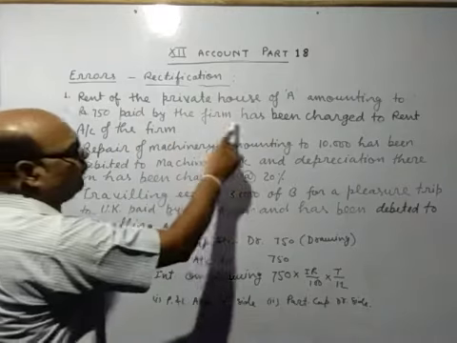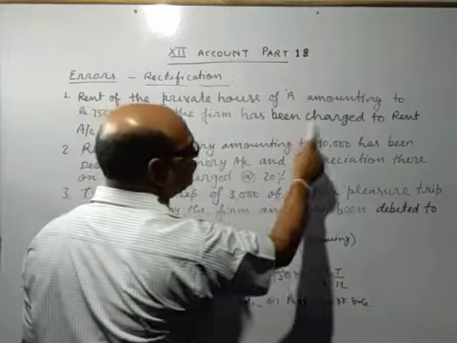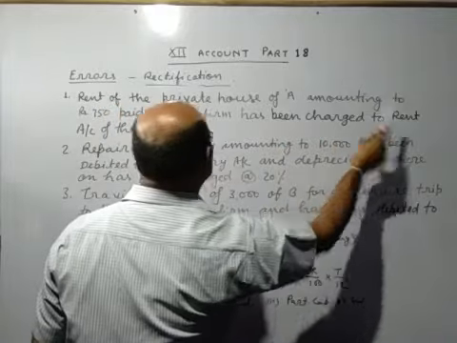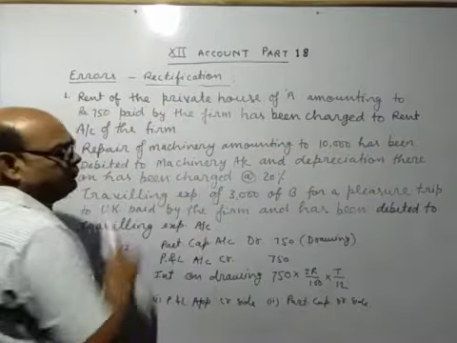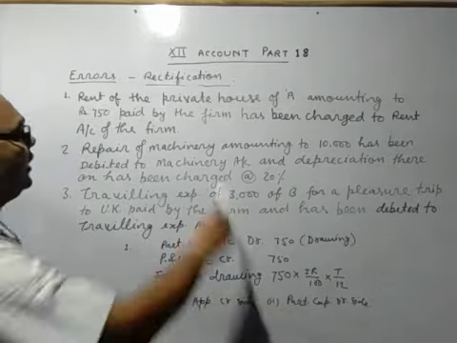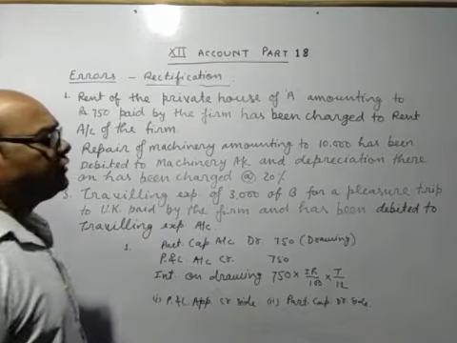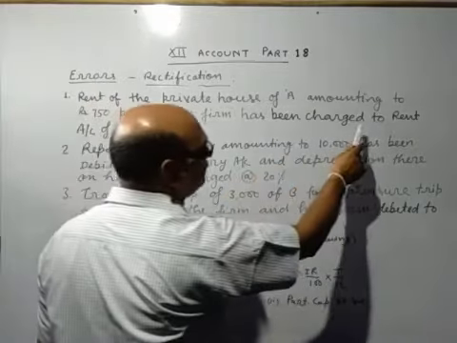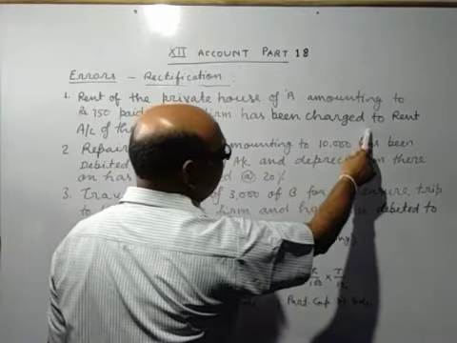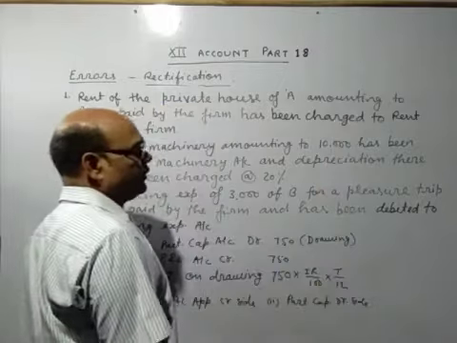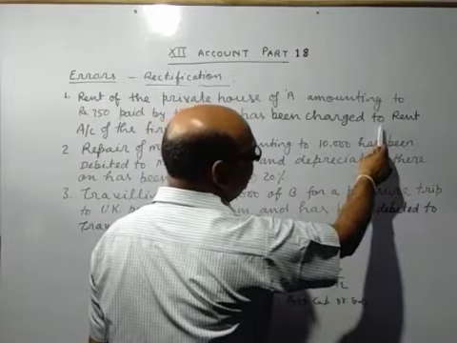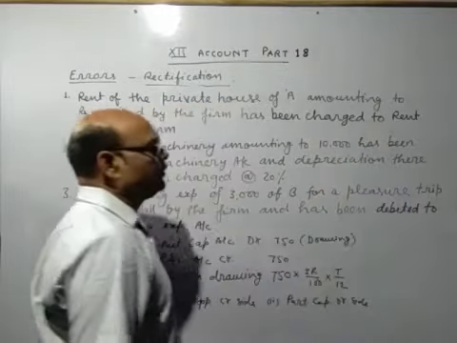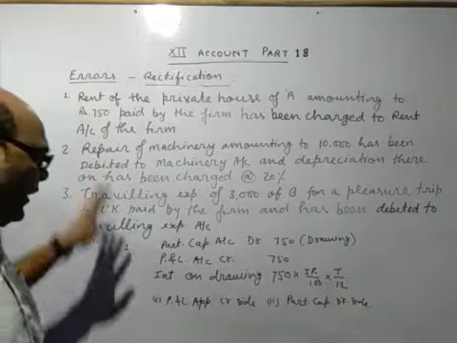Paid by the firm, it has been charged to the rent account of the firm. This is A's drawing, but by mistake it has been recorded on the P&L account debit side. So the profit has been reduced.